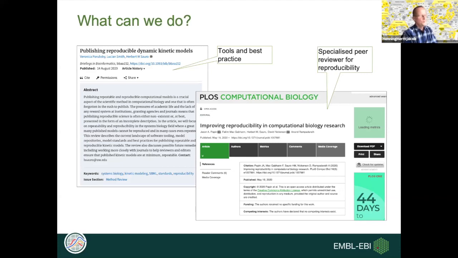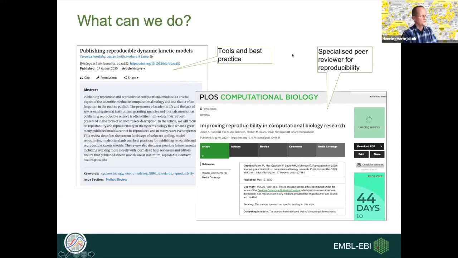So what can we do? We are not the only ones who are working in this domain. And in particular, there is in the US the large Center for Reproducible Modeling by Herbert Sauro et al. And they have, almost at the same time when we made the study accessible, provided two publications, one which is a lot on best practices, available tools, and so on.